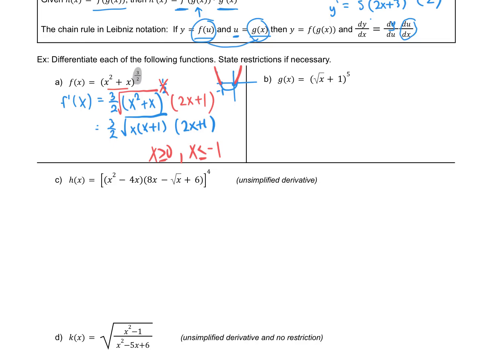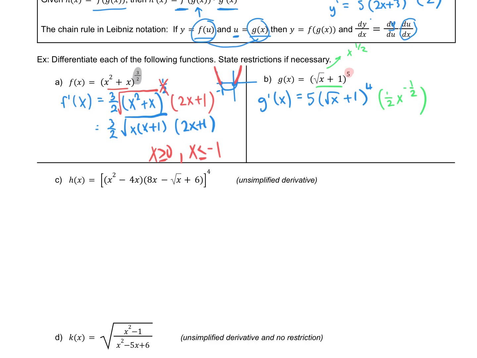All right, next one, g prime of x is equal to, my outside function is something to the power of 5, so I'm going to deal with that first. 5 root x plus 1 to the power of 4, and now I'll take the derivative of that inside. So remembering that this is x to the power of a half, so 1/2 x to the -1/2, and there we are.